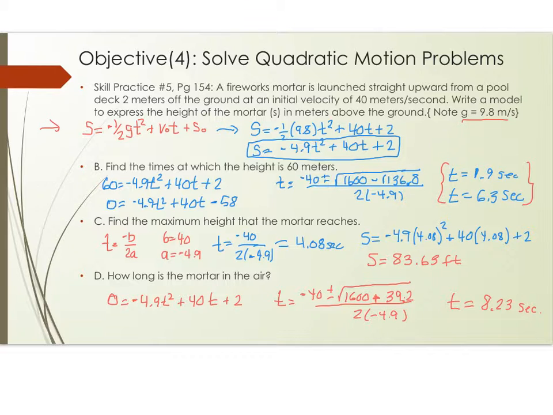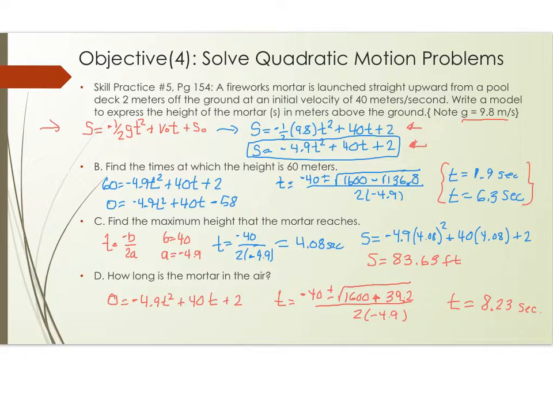We can translate that directly by plugging in the information from the problem, and we see it's S is equal to negative 1/2 times 9.8 t squared plus 40t plus 2. And our final result, when we multiply the negative 1/2 by 9.8, we get negative 4.9 t squared plus 40t plus 2. We're going to use this equation throughout B, C, and D.